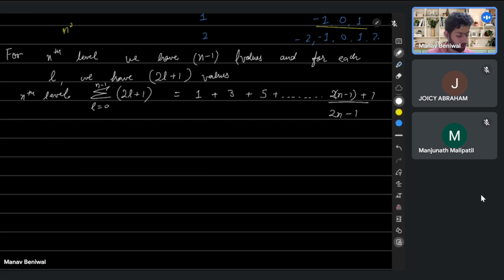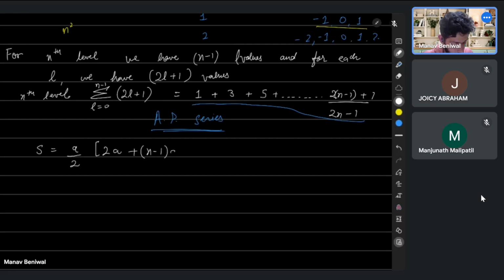So what is this? This is an AP series. AP is arithmetic progression. And now we have to calculate the sum of an AP series. Do you remember the formula for the sum of an AP series? The sum is given by n by 2 times 2a plus (n minus 1)d, where a is the first term, which is 1.